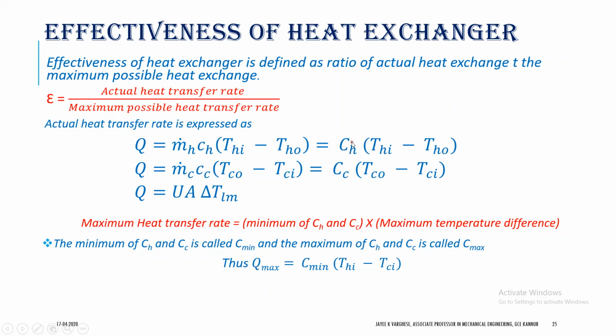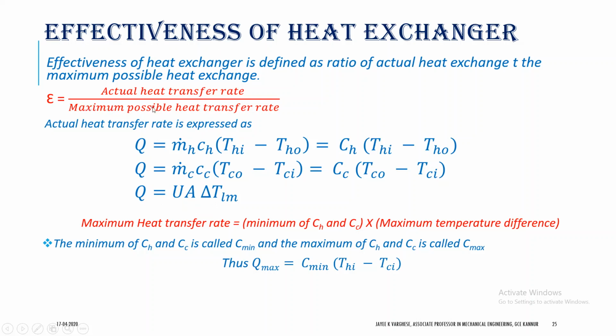If we know the mass flow rate, specific heat, and inlet and outlet temperatures of the hot fluid, we can calculate this. Similarly, from this equation also we can calculate the actual heat transfer rate, and if all the parameters here are known, we can also calculate the heat transfer rate using the convection equation.